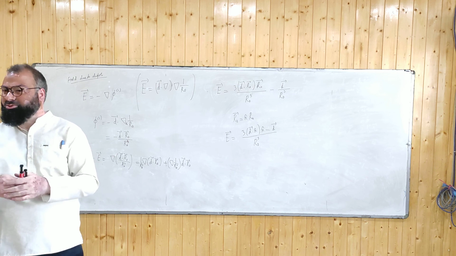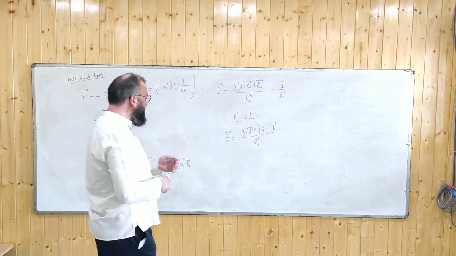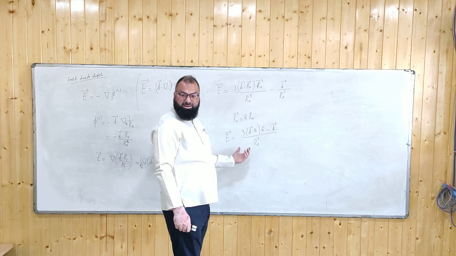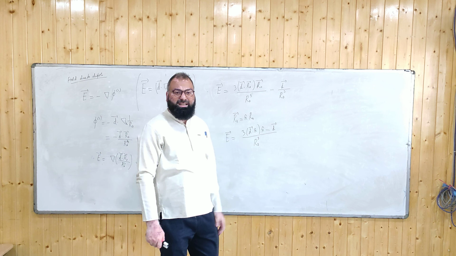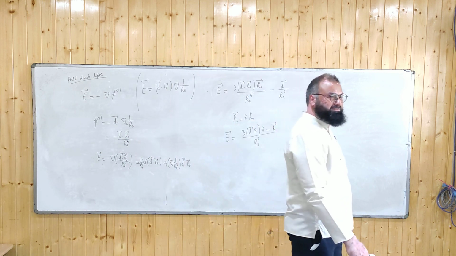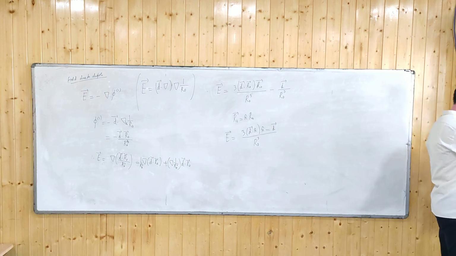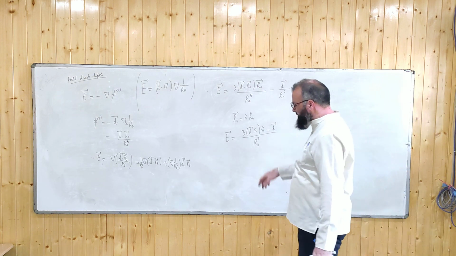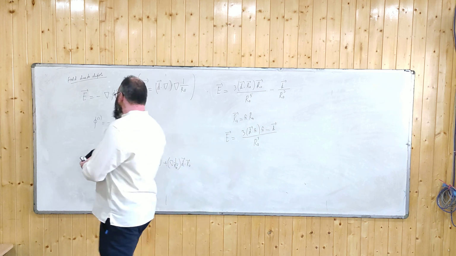So there will be only two components of the field coming, one depending on r, another on theta. So calculate the E r component and E theta component. Clear? Or in other words, calculate the electric field due to the dipole in angular coordinates.